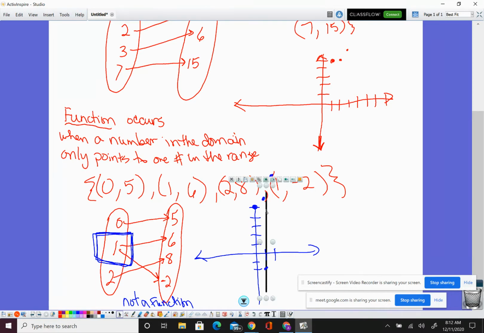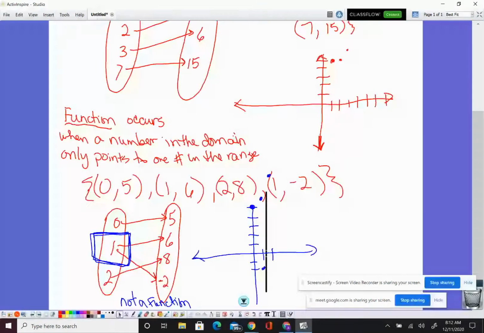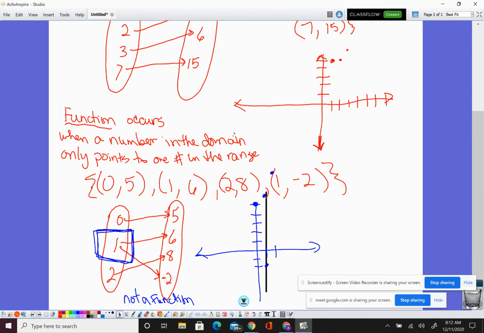I hit a point down here and a point up there if my graph was drawn correctly.